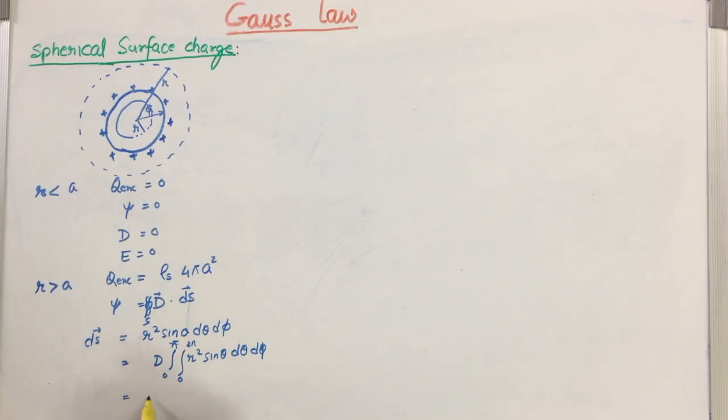Further simplifying, there is no phi dependent term, so integration gives 2 pi.